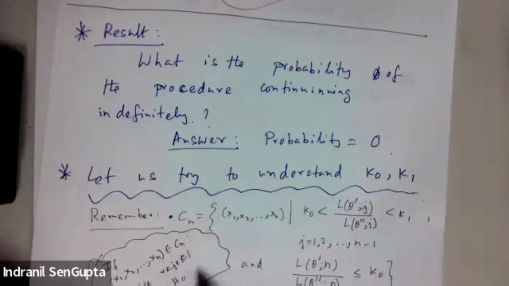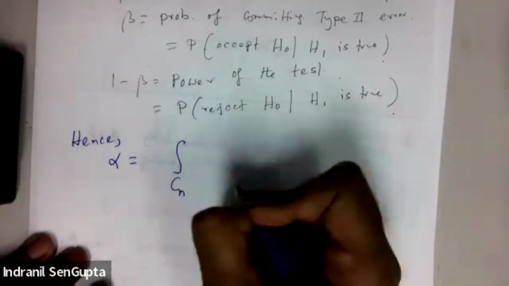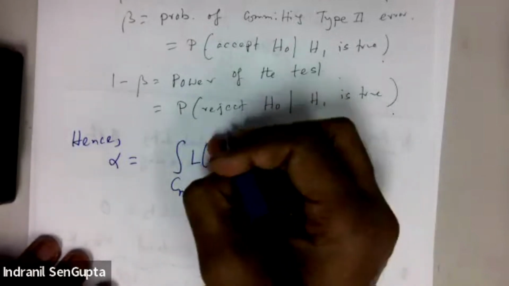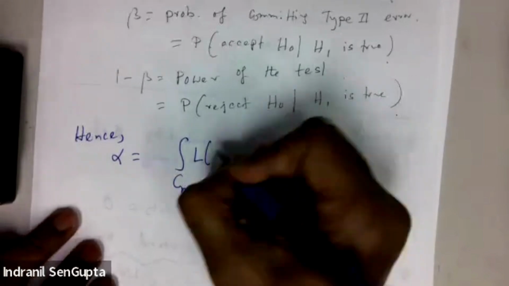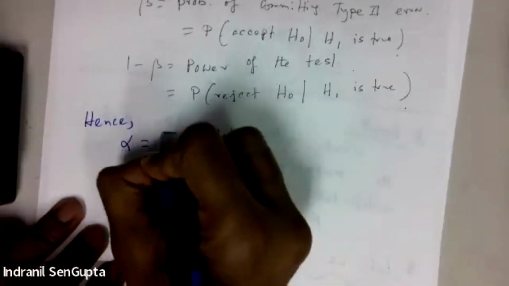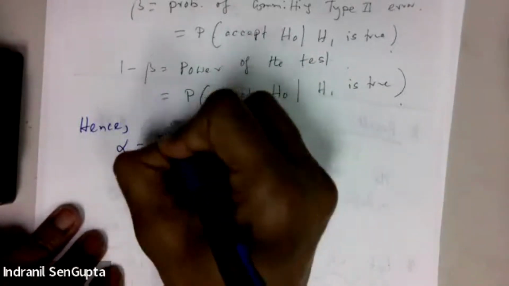We are in the set Cn, right? So alpha is the sum over Cn of L of theta prime, comma n, with n from 1 to infinity.